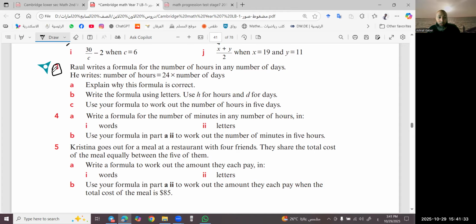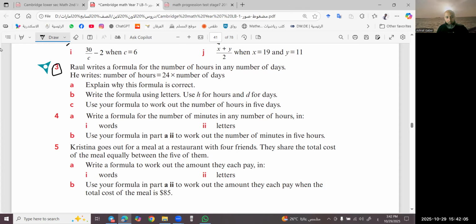And it's correct. Number B, write the formula. Tell me how we can write the formula now. Number B, Jaida. Write the formula using letters. Use H for hours and D for days. How can we write it? Can I write on the board?